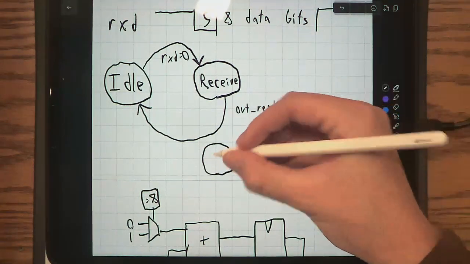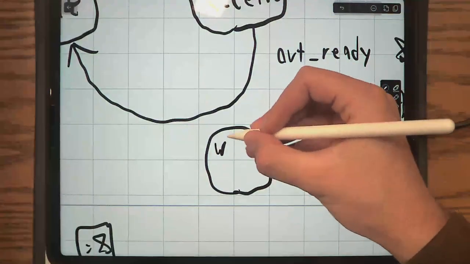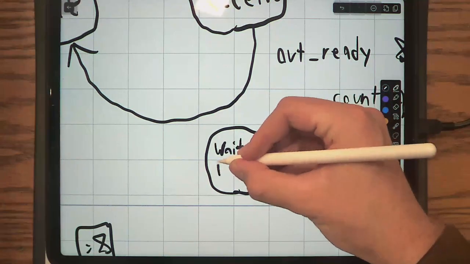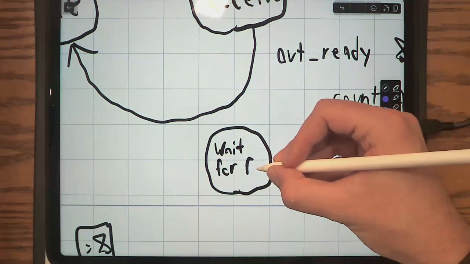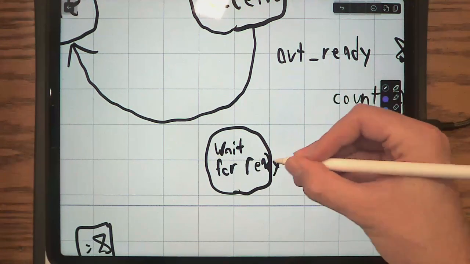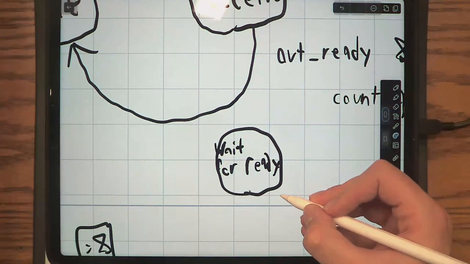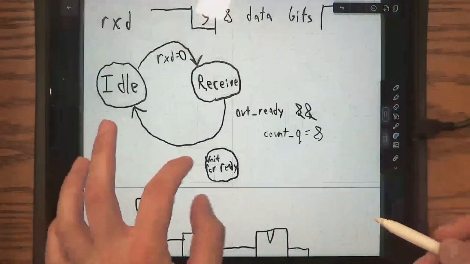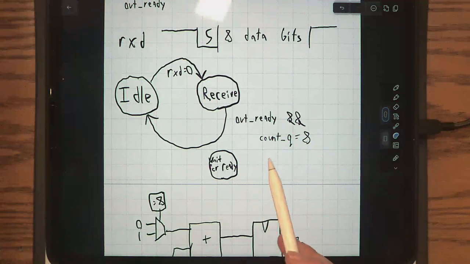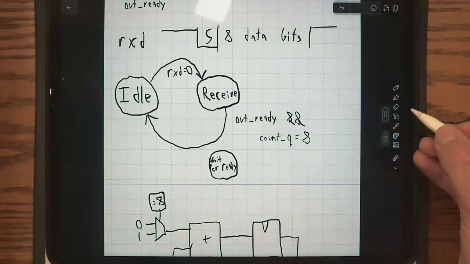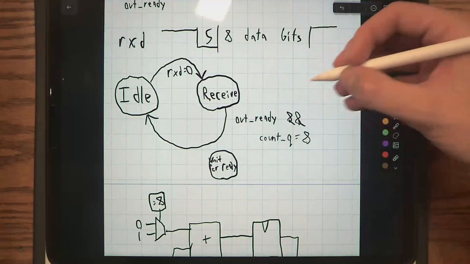Yeah, so maybe here we have waiting for ready. Wait for ready. And so here, this is the same thing where count Q equals 8, but now instead of ready, out ready is 0.